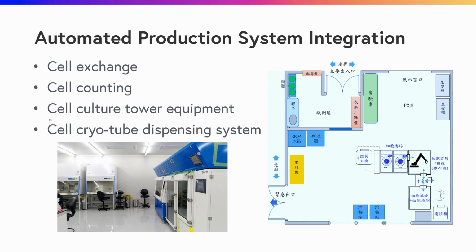Our multidisciplinary integration team started to design an automation system to replace the human labor, to make sure all the process is standardized and produced 24 hours a day, to efficiently scale up all the cells to fulfill clinical use.